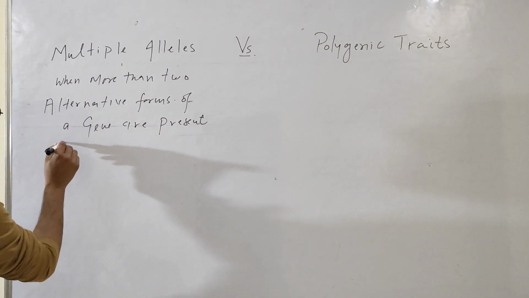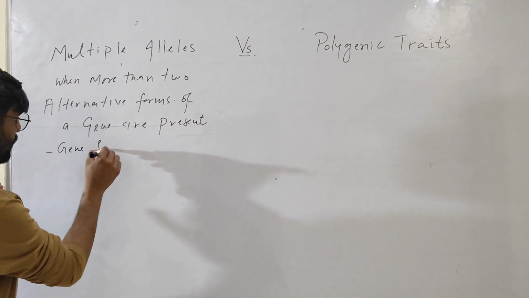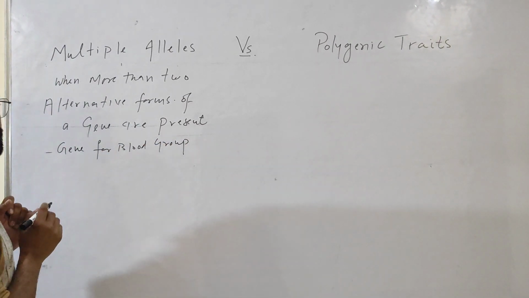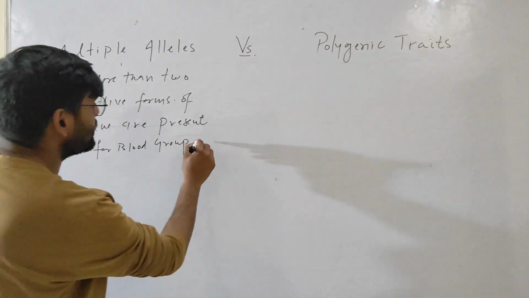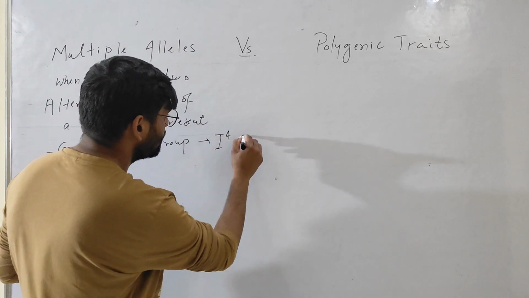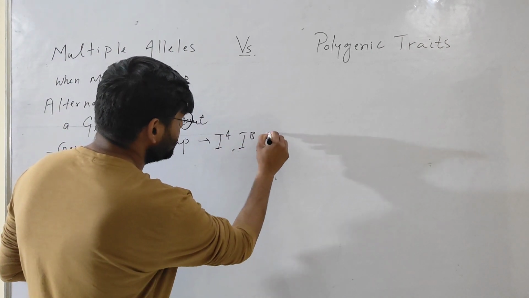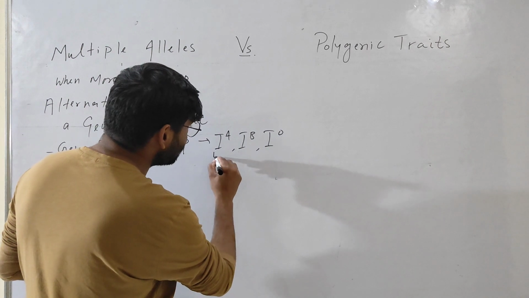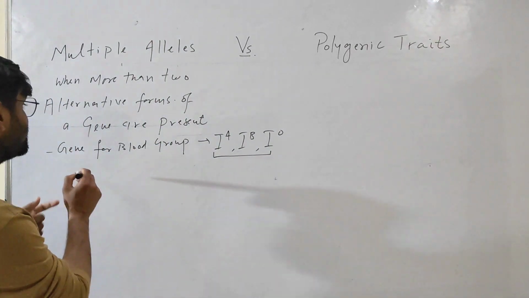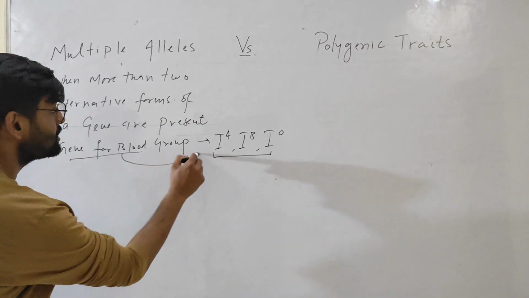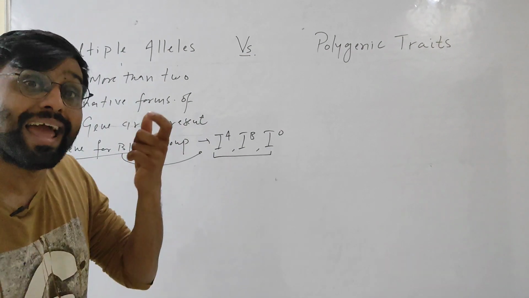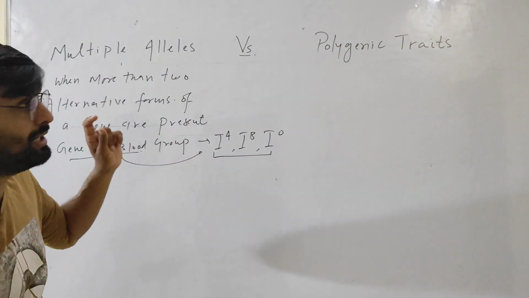For example, the gene for blood group. In case of the gene for blood group, there are three alleles: IA, IB, and I naught. So in this case, you can see that there are three alternative forms of a gene. This is a gene for blood group, and this gene has three alternative forms, or you can say three alleles. This is called multiple allele.